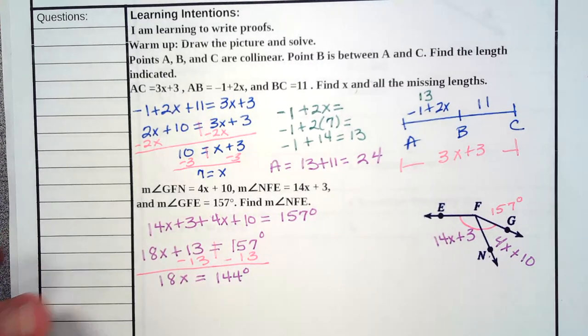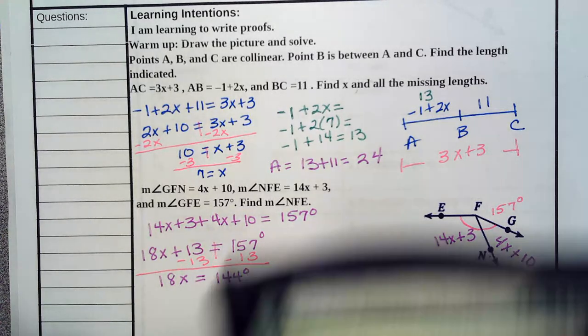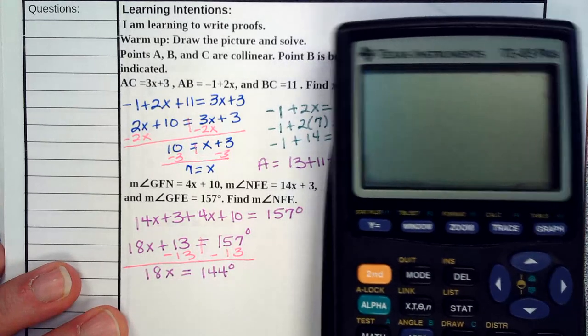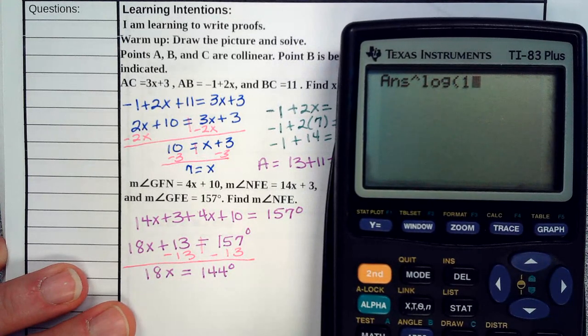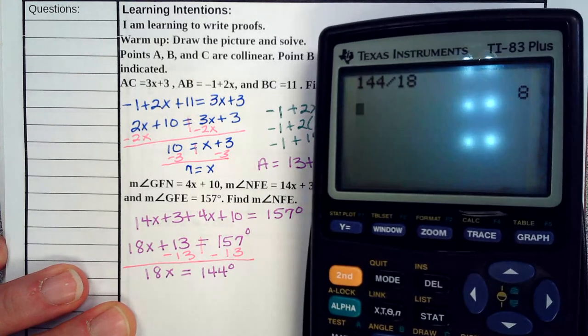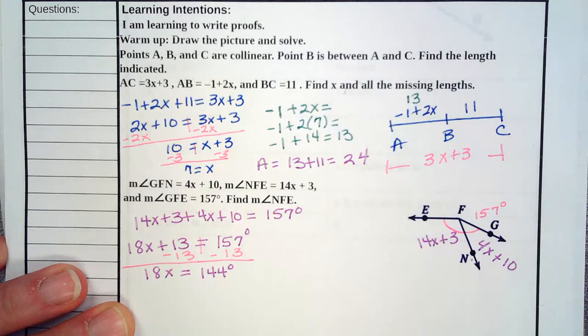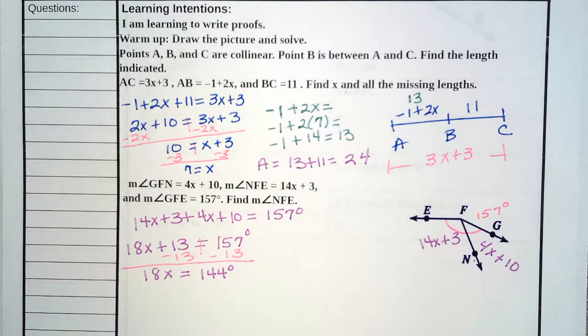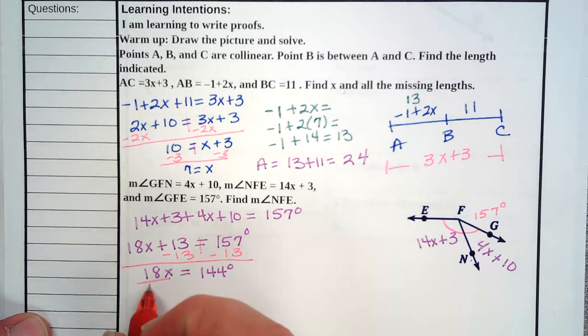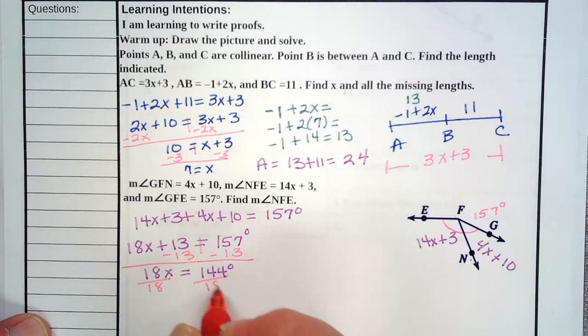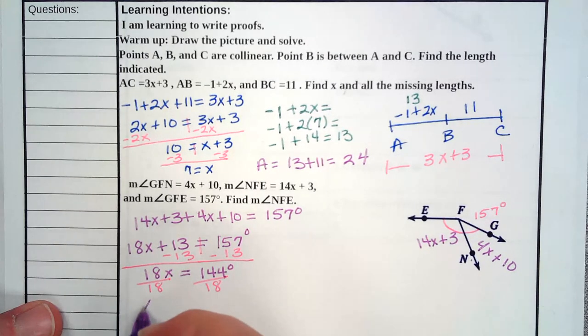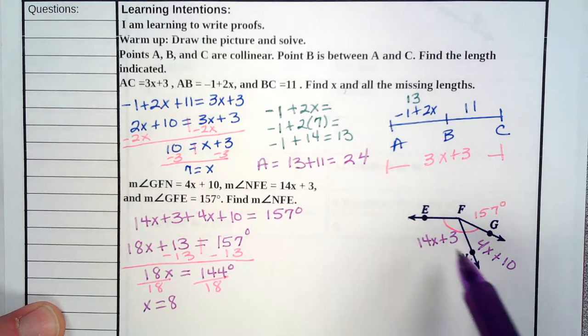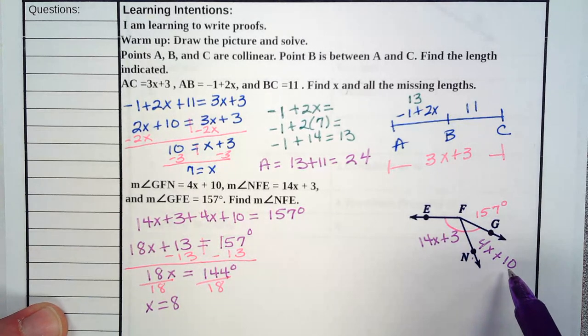Okay, now, if you have a calculator, I would encourage you to use a calculator because it will make it quicker. 144 divided by 18. And I get 8. So I know that x is equal to 8. Now I've still got these two pieces to find.